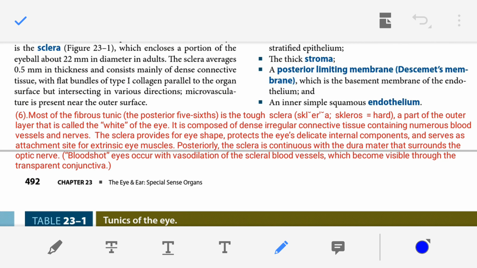Now, the function of the sclera: it is responsible for the shape of our eye, it protects the delicate internal components of our eye, and it serves as an attachment site for the extrinsic eye muscles. So eye muscles join with the sclera. Posteriorly, the sclera is continuous with the dura mater, and this dura mater surrounds the optic nerve.